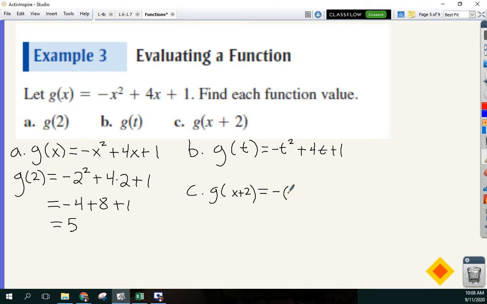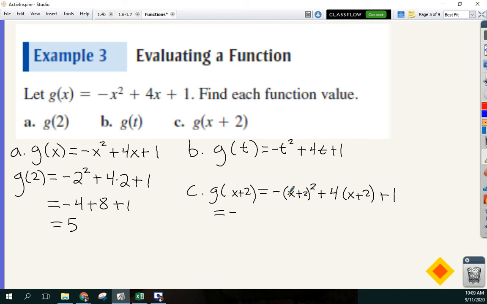So instead of an x, I'm going to write x plus 2. But my negative is still there and my squared is still there. Then I'm going to add. And again, my 4 stays the same, but instead of an x, I'm going to again copy, paste my x plus 2 in its place. And then I have a plus 1. And so then we just need to simplify. So I'm going to multiply out my x plus 2.